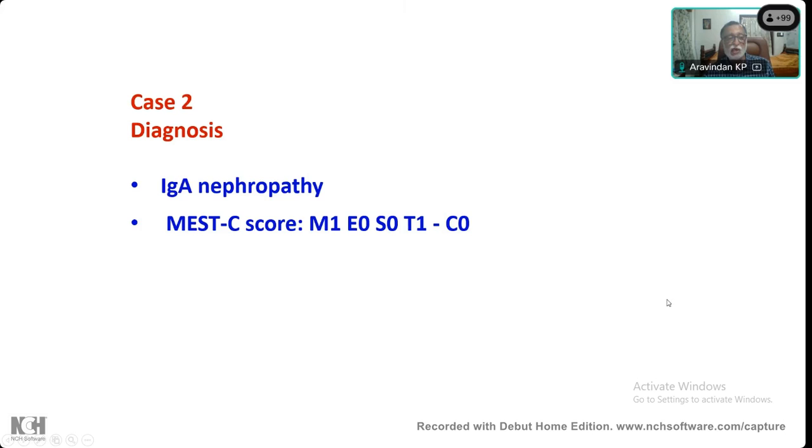I think there's a slight mistake here. M1, it was E0, there was no endocapillary proliferation. S1, it was, we saw segmental sclerosis. S1 and E0, C0, no crescents. This is the type of report that we would give here.